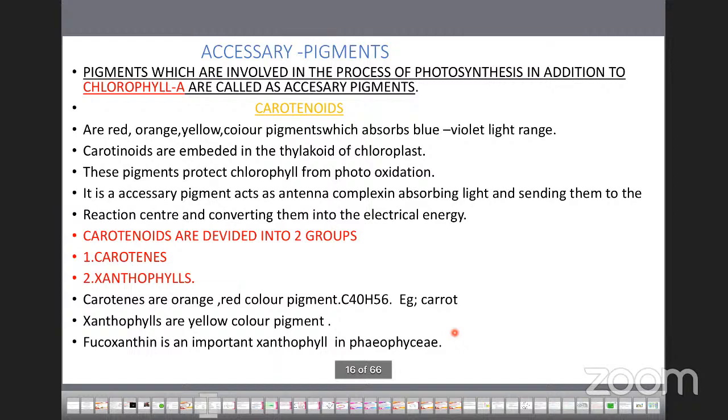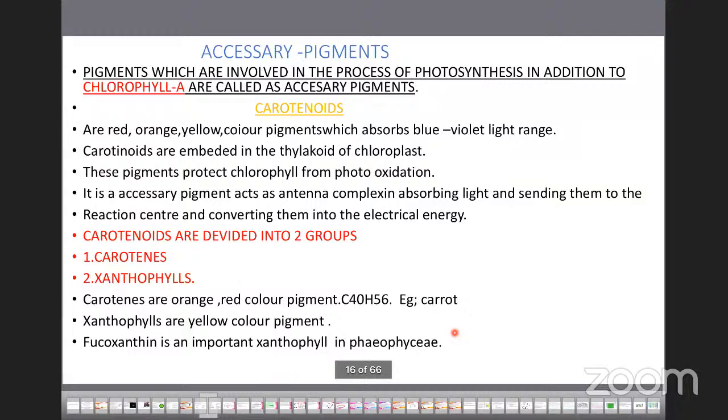So this is about the accessory pigments, in which carotenoids show these characters. Carotenoids are red, orange, and yellow color giving pigments, and they absorb blue and violet light from the spectrum. They are present along with chlorophyll in thylakoids, embedded in the thylakoid.